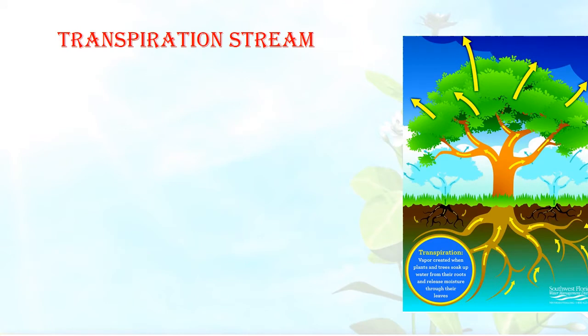Transpiration causes the transpiration stream. We know that transpiration is the loss of water from leaves. This results in a water potential gradient. So the xylem vessel always tries to fill that gap, providing water to the leaf mesophyll cells.